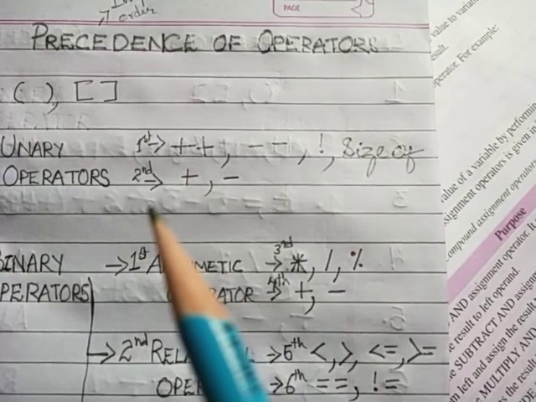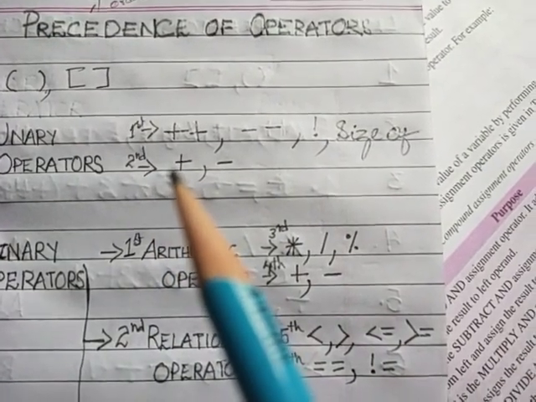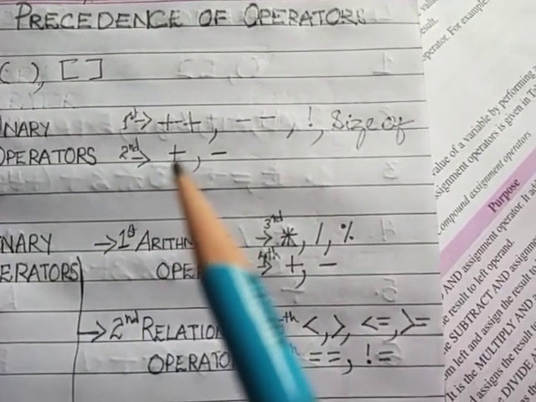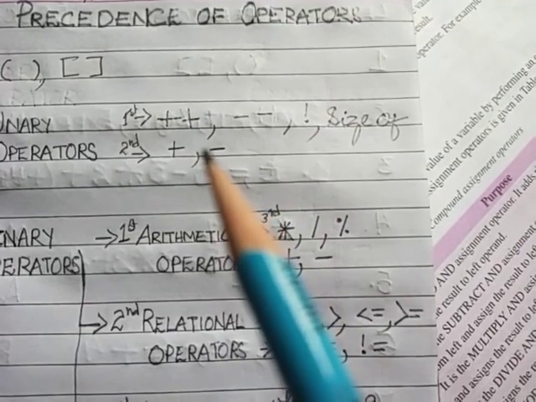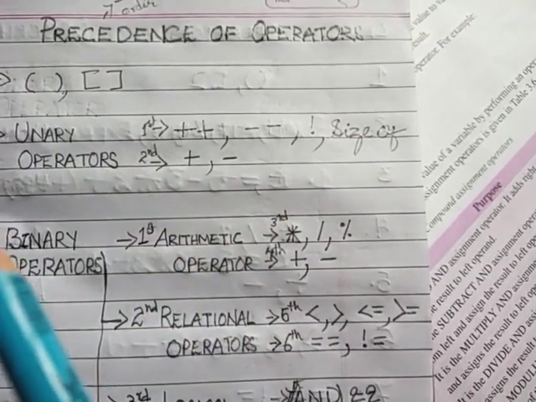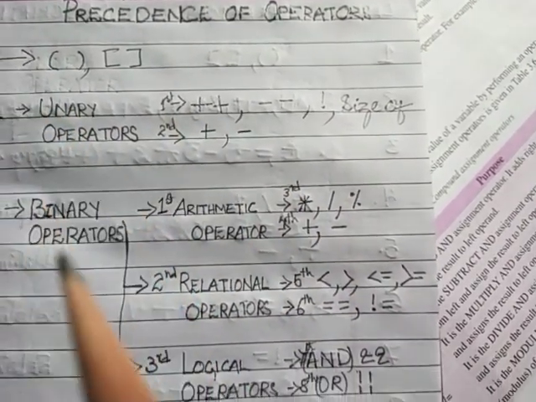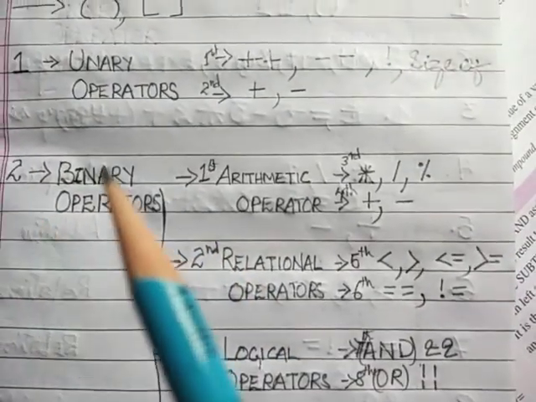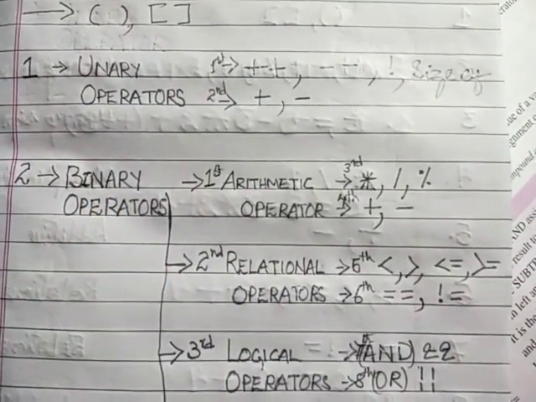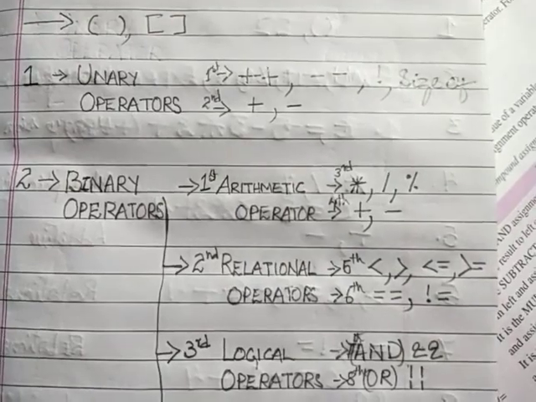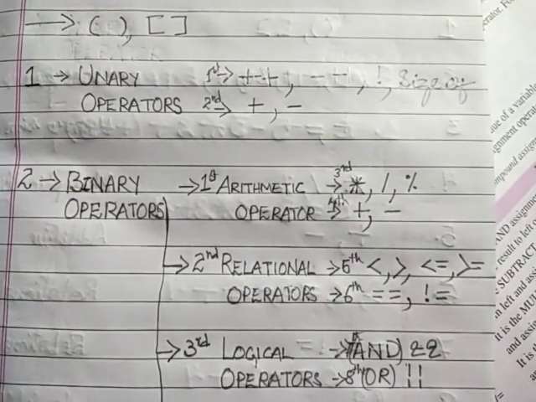And in the lowest rank we have the positive symbol and negative symbol. After the unary operators, next come the binary operators. In binary operators, we have many operators: arithmetic, relational, and logical operators.